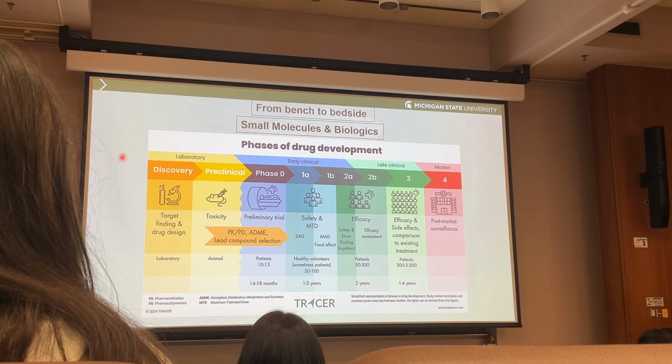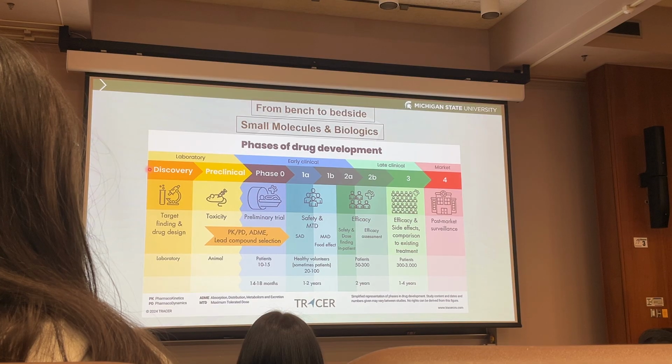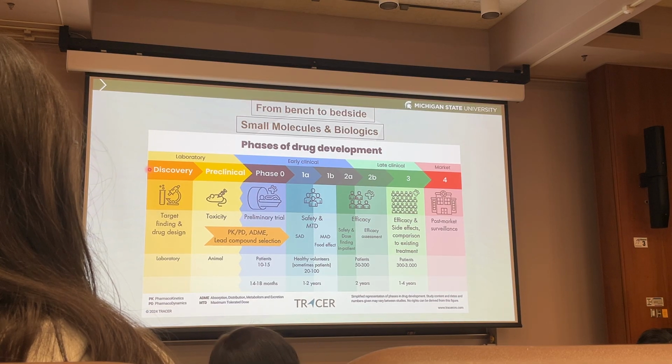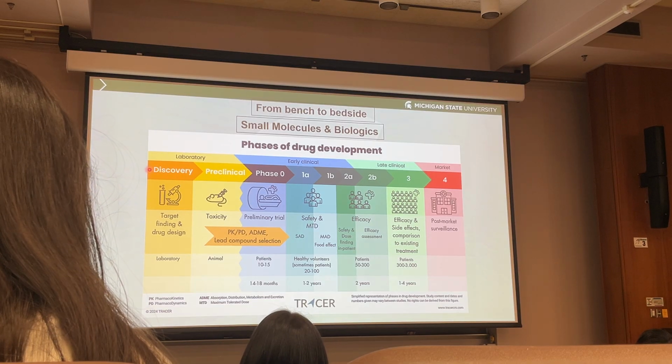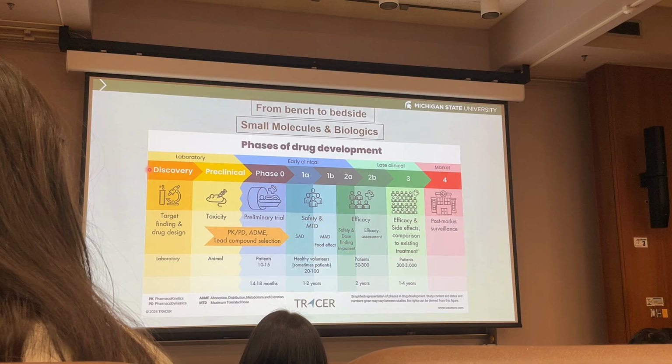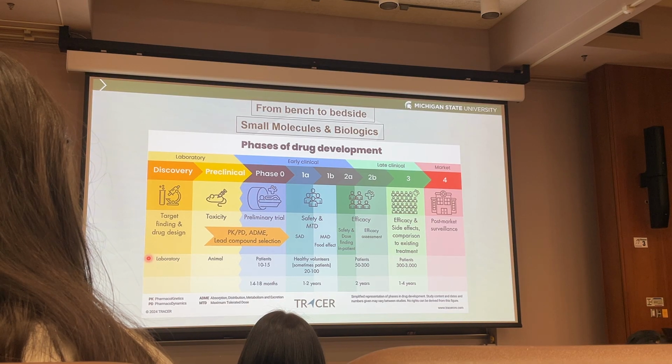With the earliest stages being discovery and preclinical. On the discovery side, you have to hone in on your idea, develop some molecule you want to go after, and then create a lot of assays around that. These are usually biochemical and cell-based assays that you can gain information about the efficacy of the potential drug you're working with, right? All done at the laboratory level.